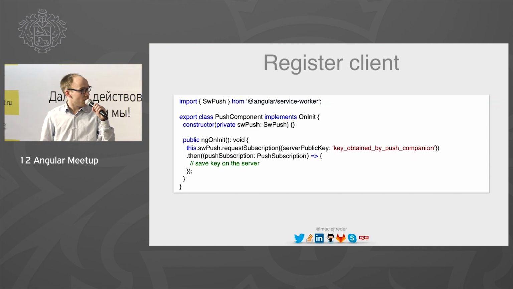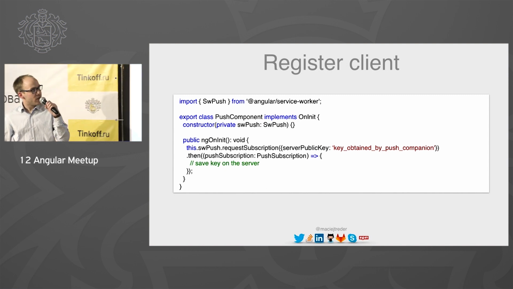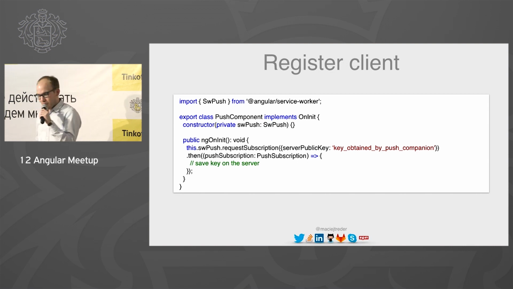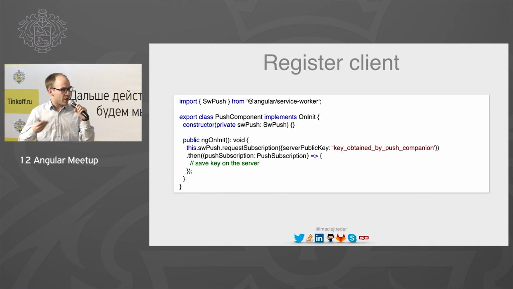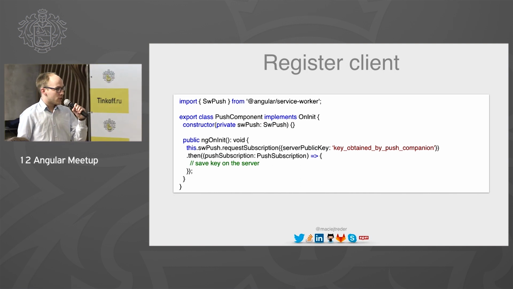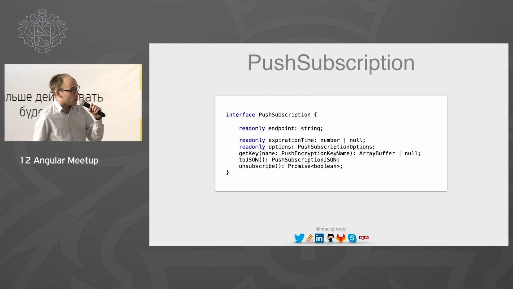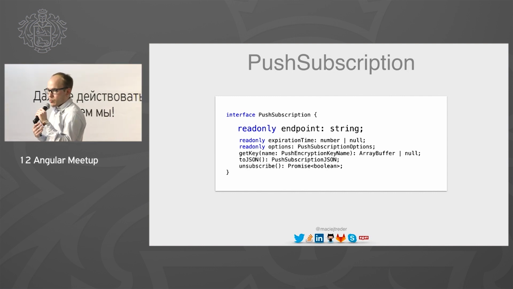When you get your keys, as you can see, this is done with the SwPush service from the Angular Service Worker package. They are all official packages. You use the keys obtained from the internet, and in return it gives you the push subscription object, inside which the most interesting object for us is the endpoint.